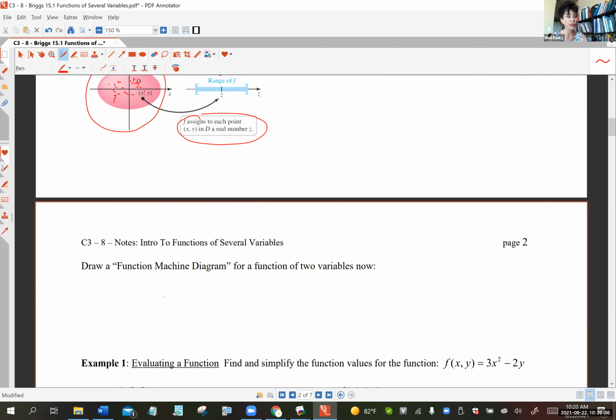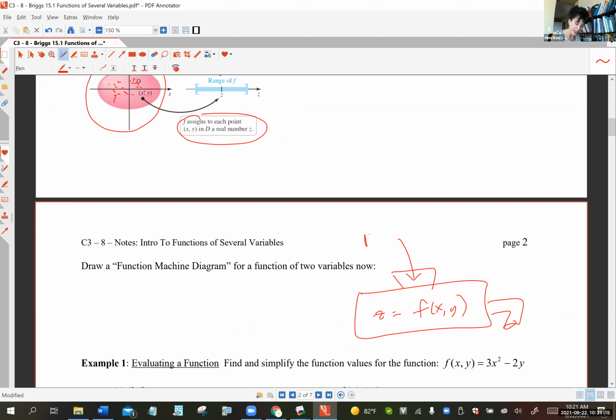Okay, so let's do the function machine diagram for a function of two variables, shall we? I just love these function machines because they kind of show you what's going on. So what do you feed this function z equals f of x comma y, a function of two variables? You feed it a point. You feed it an ordered pair, which is typically in the XY plane.